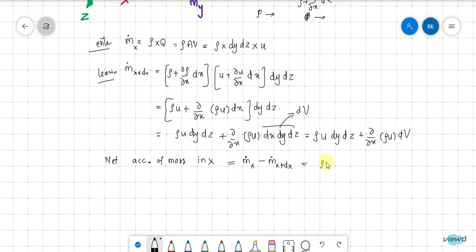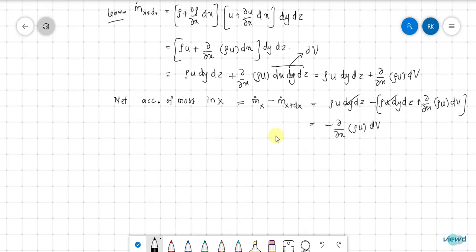Rho u dy dz is the mass entering, minus rho u dy dz plus del by del x of rho u into dV, which is the mass leaving. So this and this get cancelled, and the remaining is minus del by del x of rho u into dV. This is the net accumulation of mass in x direction.